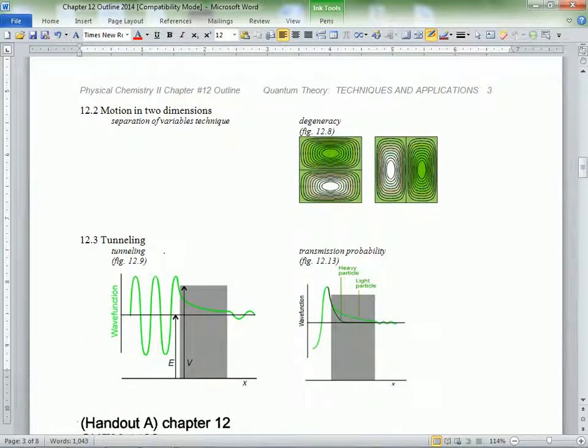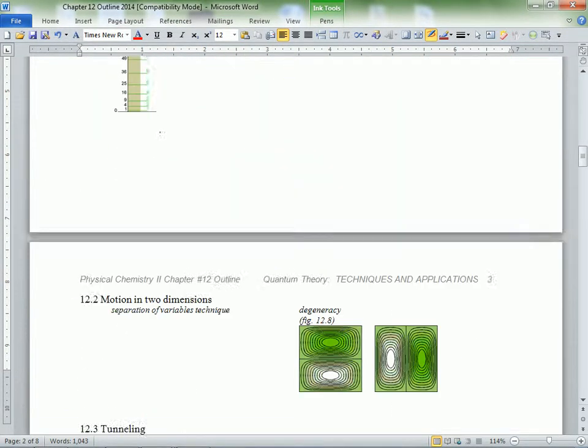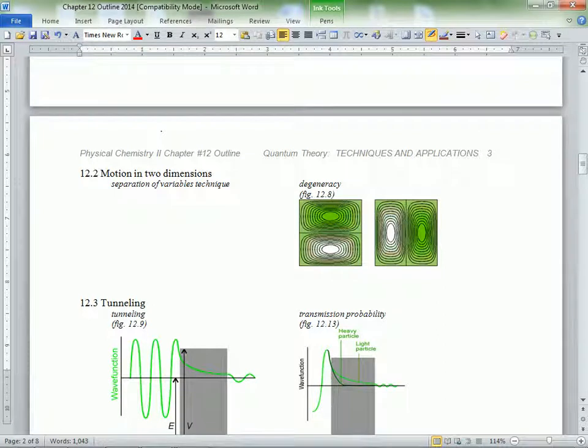Okay. Where are we here? 2 dimensions. I don't think we need to worry about this too much. They're just trying to say that if you did 2 dimensions and solved this whole particle in a box problem, which I don't think we're going to do, but it's just a concept, you end up with this expression. You end up with 2 quantum numbers, and it ends up looking like n1 squared over L1 squared.